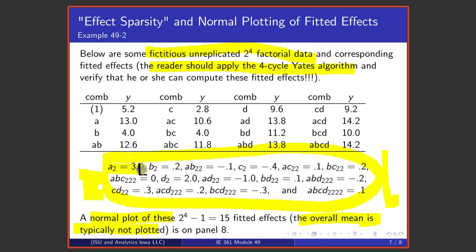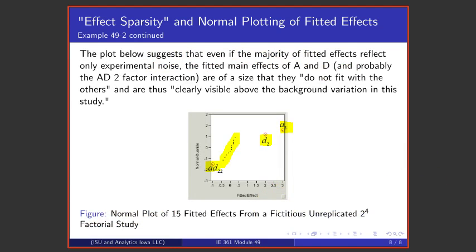So we're looking at A2, and we're looking at D2 and AD22. So they're the big things. 3, 2, 1. Everything else is substantially smaller, and that shows up then on this normal plot for 15 fitted effects from this fictitious data set.